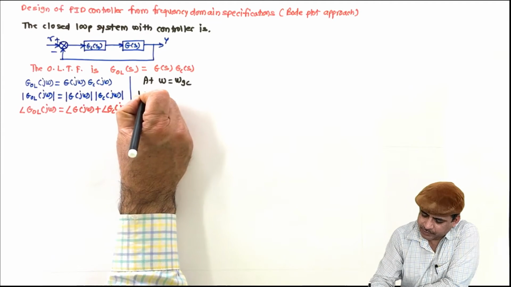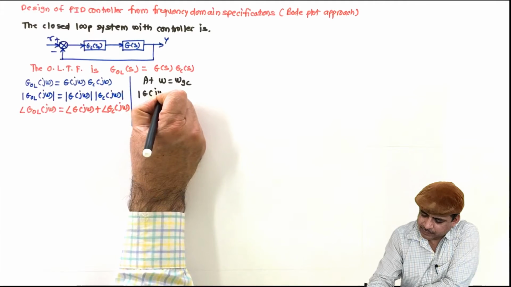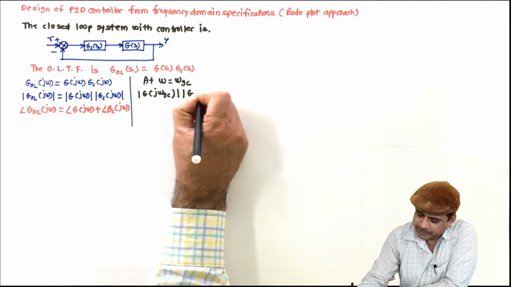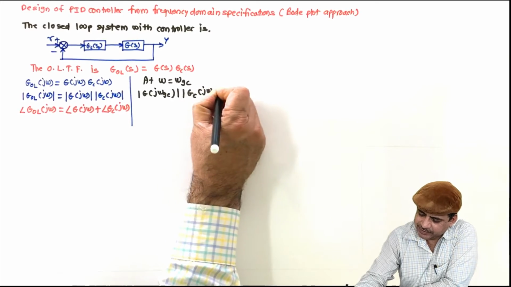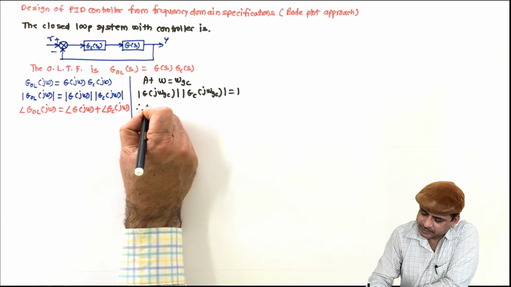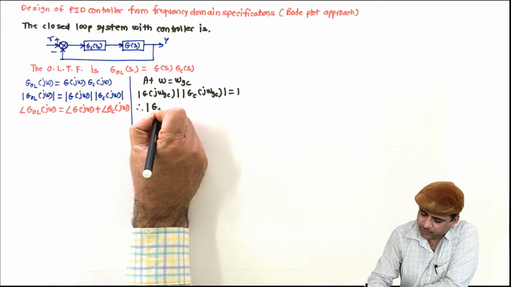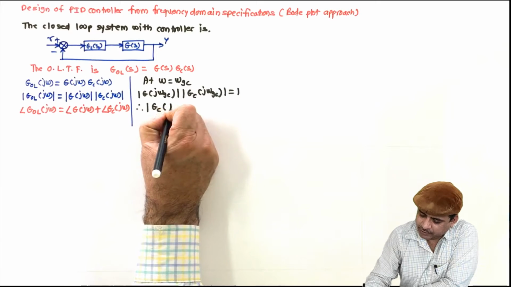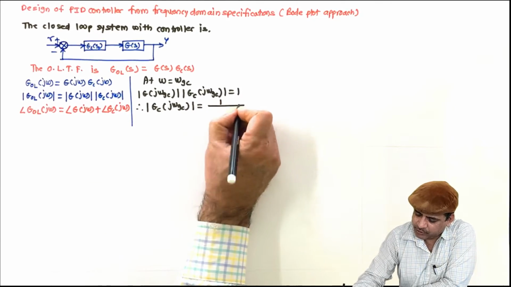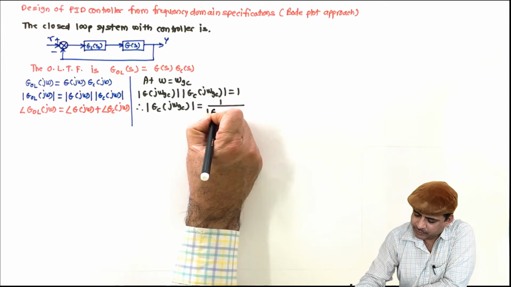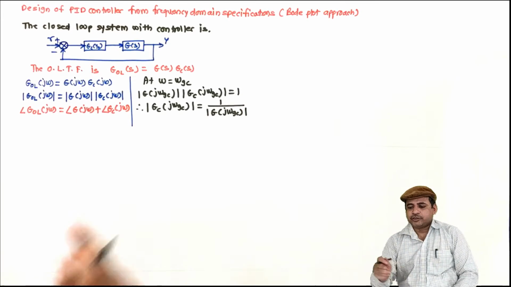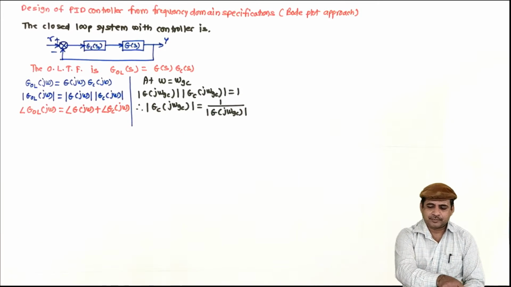So magnitude of G of j omega GC into magnitude of GC of j omega GC will be equal to 1, and hence what I get from this, magnitude of the controller at omega equal to omega GC is equal to reciprocal of the magnitude of the given system at omega equal to omega GC. So this forms one equation.